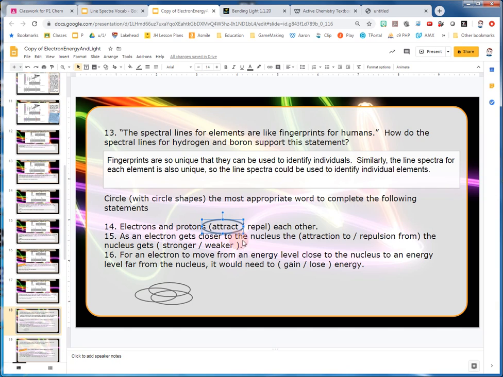As an electron gets closer to the nucleus, the attraction to repulsion from the nucleus gets stronger, weaker. Alright, I suppose you could put repulsion gets weaker, but it makes more sense to say that the attraction gets stronger, because you said that they attract each other.